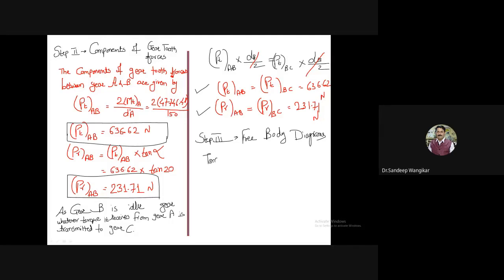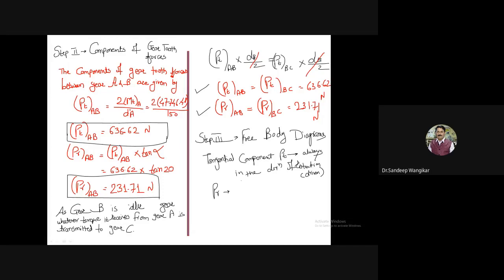Tangential component PT is always in the direction of rotation. That is this I am writing for driven, and opposite to that for driver.